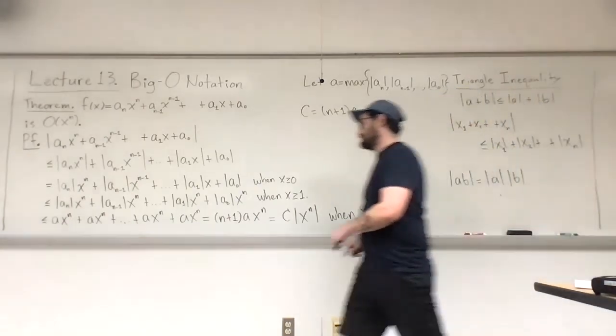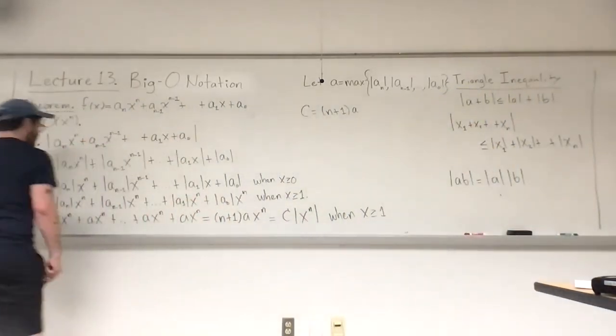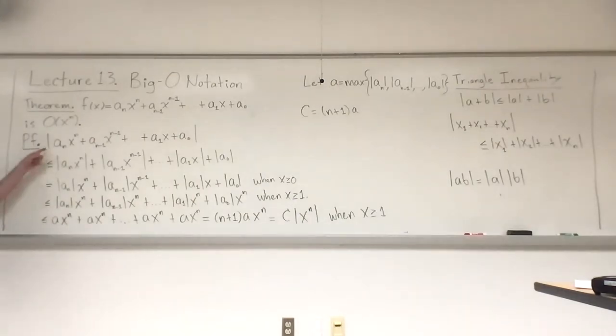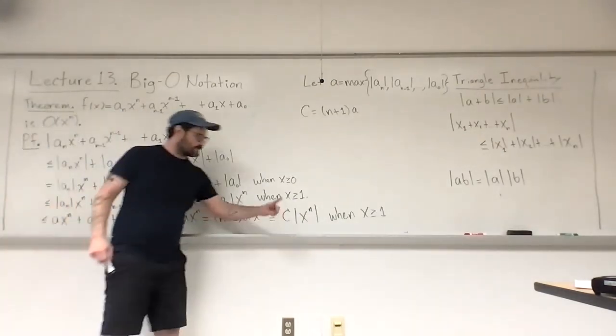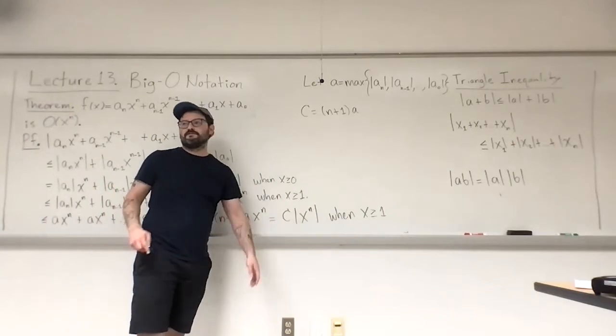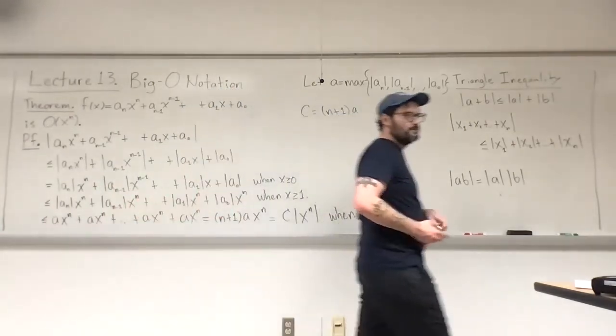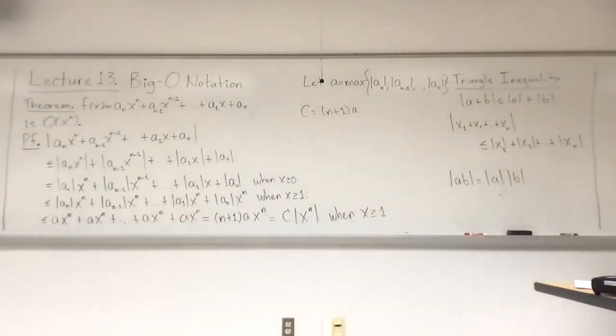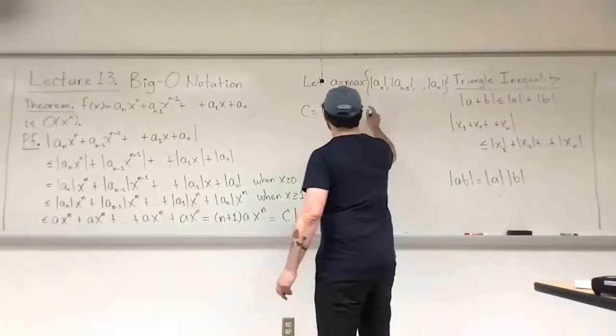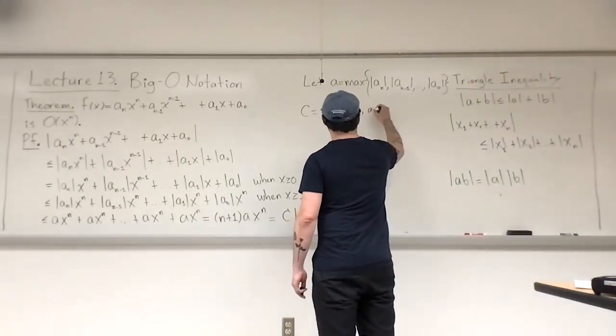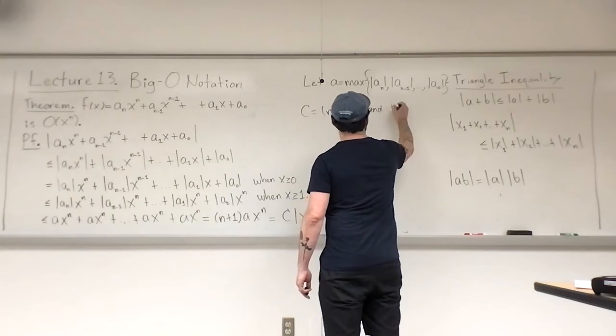So what did we just show? I ran out of boardroom, but this is at most a constant times that whenever x is at least 1. Thus, that polynomial is big O of x to the power n. So c is equal to that, and lowercase k is equal to 1.